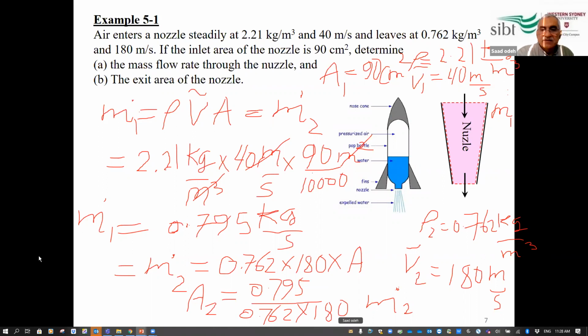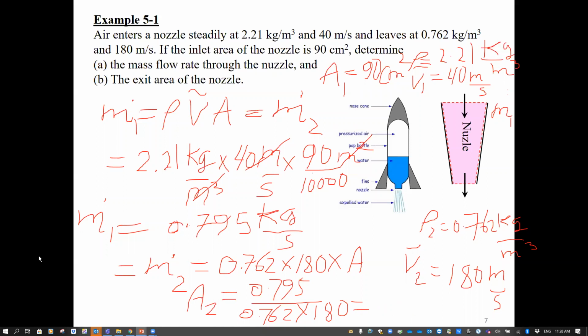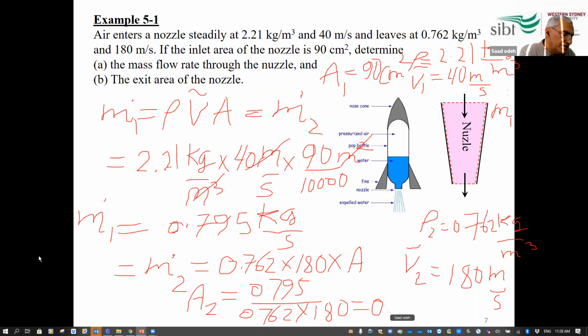And you can get the area at the exit. What's the area at the exit here? 0.0085. But this is in meters, correct?